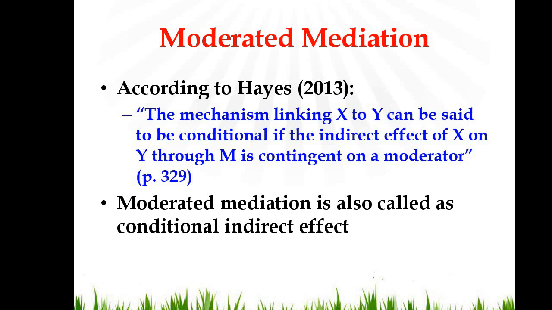As you see here, there are four types of variables involved in moderated mediation: independent variable, dependent variable, mediator, and moderator. So the condition is provided by the moderator. The indirect effect is provided by the mediator.